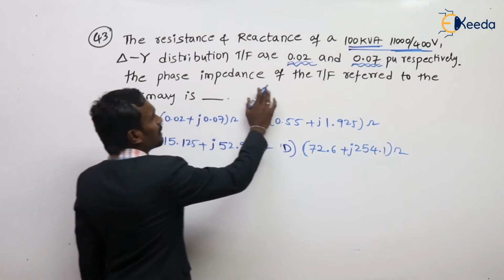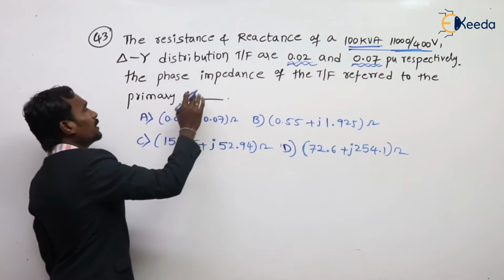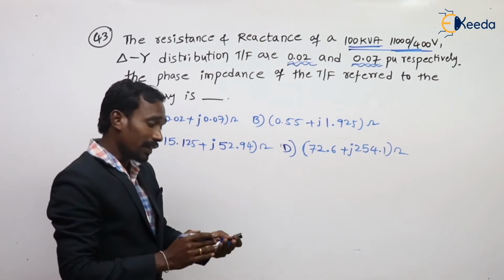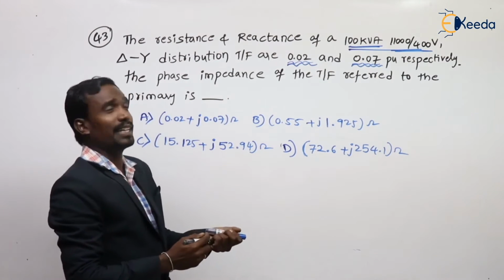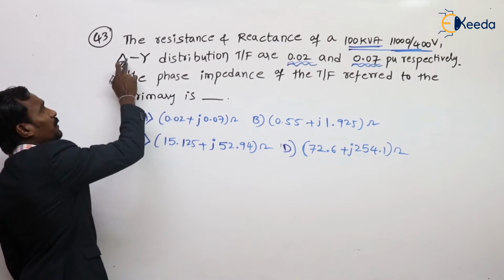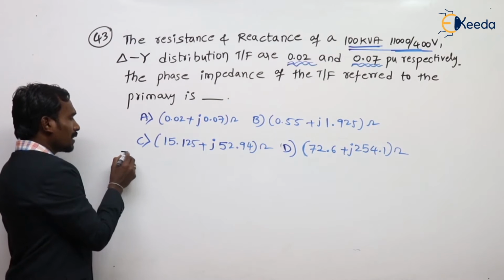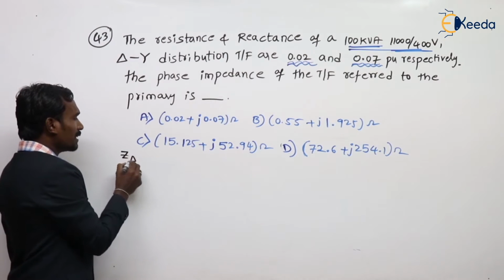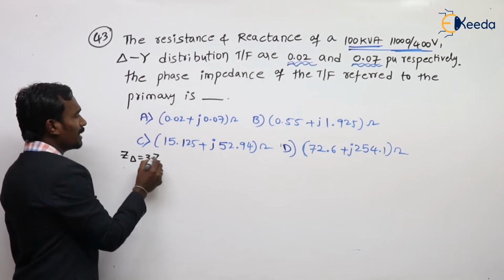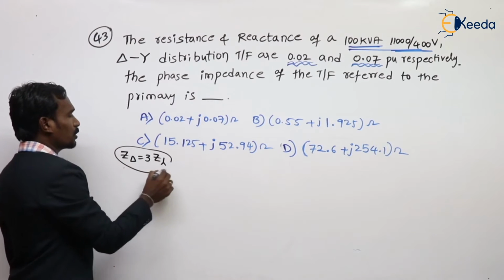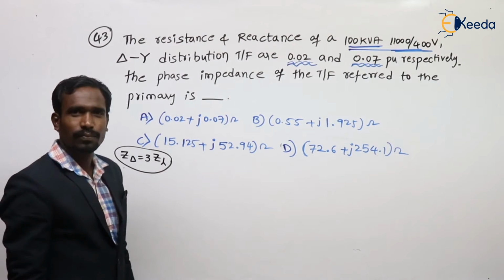The phase impedance of the transformer referred to the primary is, they want the phase impedance referred to the primary. Generally we know that the impedance of delta is equal to 3 times the impedance of the star. You should remember this first of all.